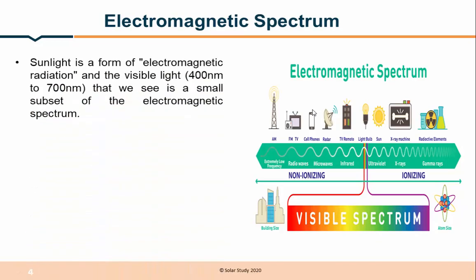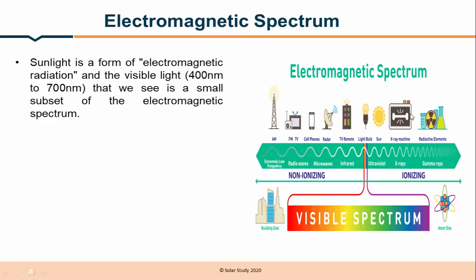Now, what is the electromagnetic spectrum? Generally, light is a form of electromagnetic radiation. In this image, you can see the electromagnetic spectrum.